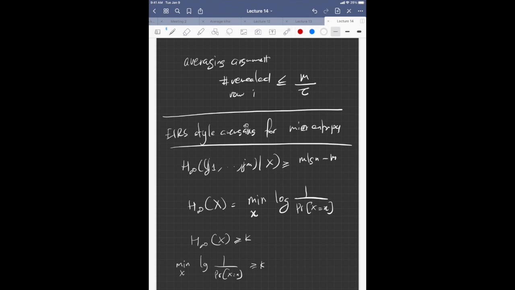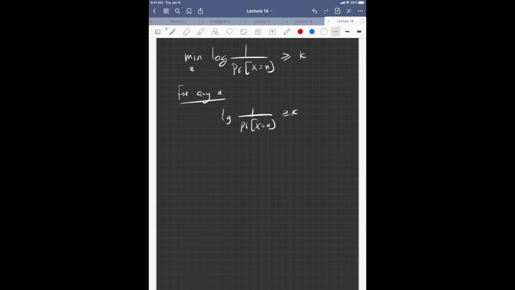So this tells you that this probability cannot be too large. So this is equivalent to saying that for any x, log of 1 over probability of x equal to x is at least k.